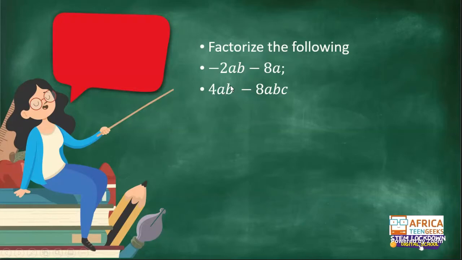So you'll take 4ab as the common factor. And what remains will be 1 in the first term, minus 2c. So you'll have 4ab, open bracket, 1 minus 2c.